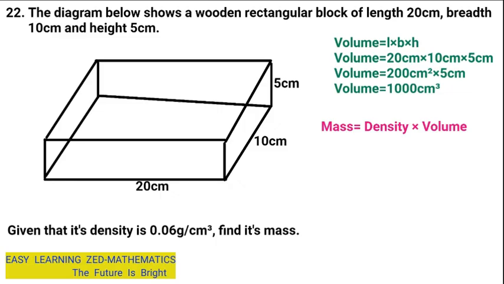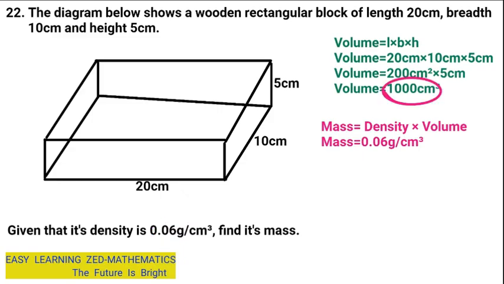The density is the quantity given in the question, which is 0.06 grams per centimeter cubic, multiplied by the volume, which is the amount we have just calculated, 1000 centimeter cubic.